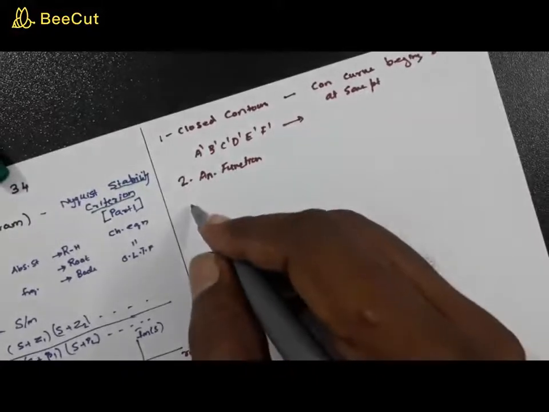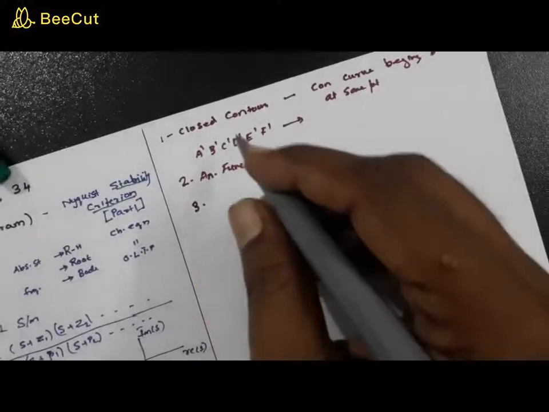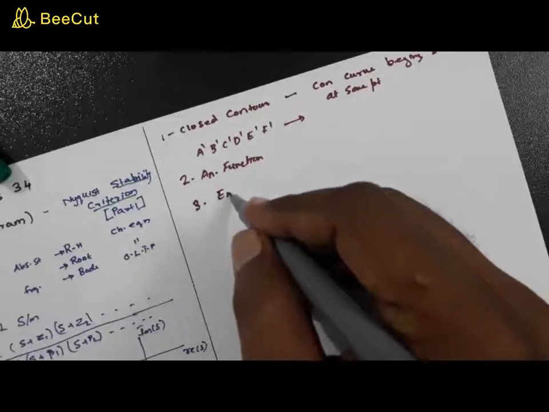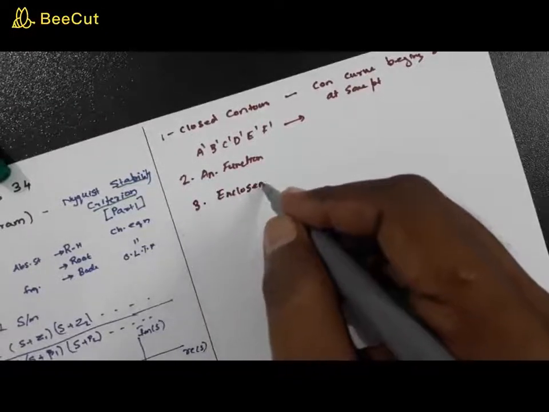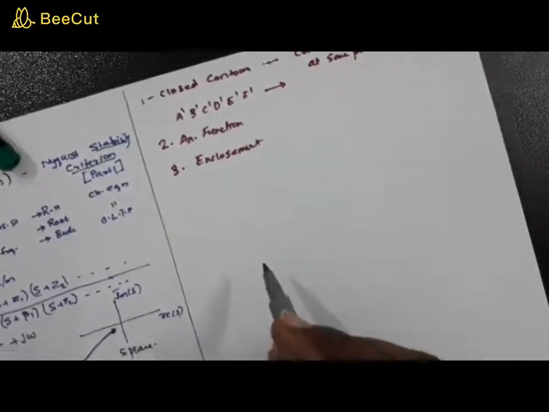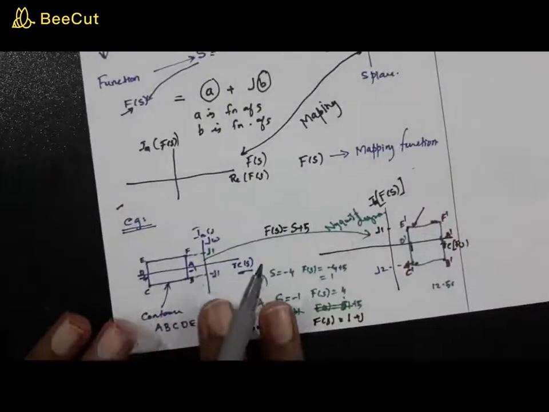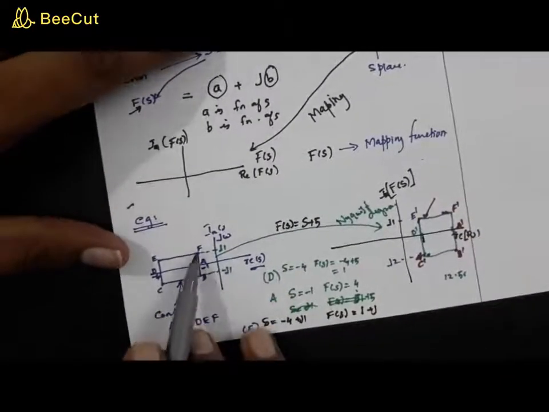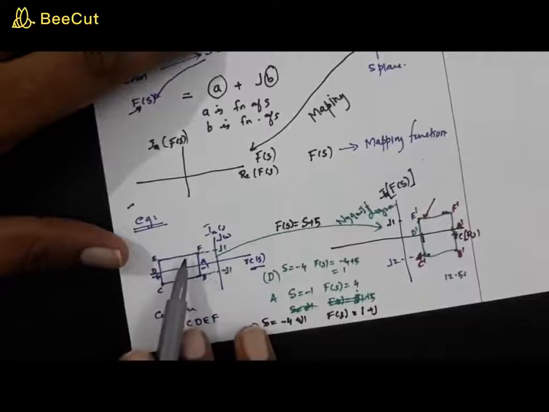Okay, now the third is called enclosement. So enclosement, that is an important point. Enclosement and encirclement. Now this is what we have done in this example: we considered a closed path in the S-plane, right?